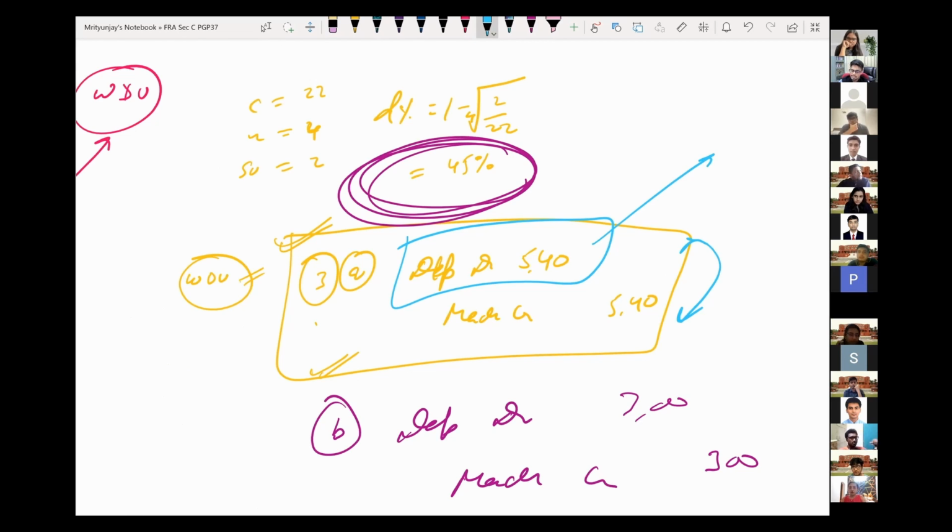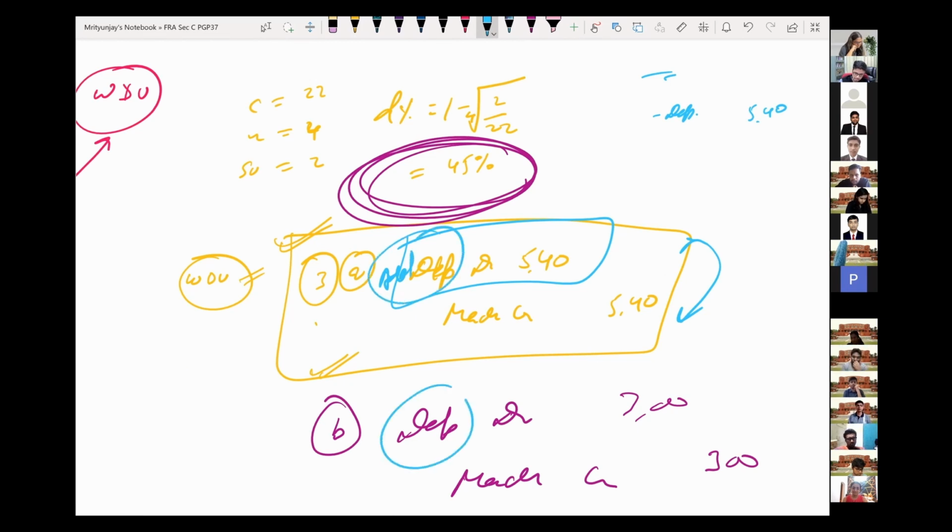Income statement. In the income statement, this year's expense will be higher by 5,40,000. बाकी सब expense जब डाल रहे होगे, then there will be one more expense called additional depreciation. If you want, you can call it additional depreciation to demarcate between this depreciation and this depreciation. So there will be one additional expense called additional depreciation, and it will be subtracted.